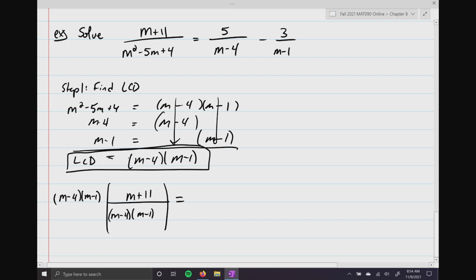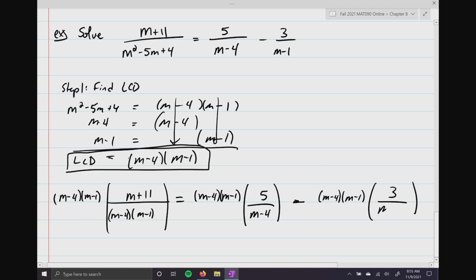Now I'm going to do the same thing for the other terms on the right-hand side. (m − 4)(m − 1), all multiplied by 5 over m − 4, minus (m − 4)(m − 1), all multiplied by 3 over m − 1.